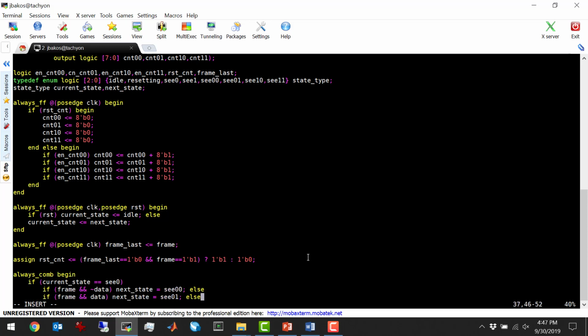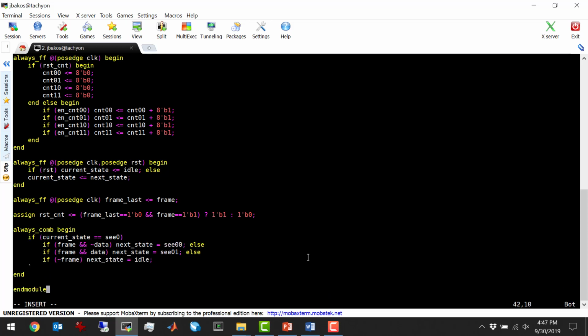Okay, all right. So I've got my reset stuff in there. So back to the state machine. If I'm in C0, then I will go to C00 or C01. Otherwise, I'll go back to idle. I'll do begin here and end because otherwise it's confusing.